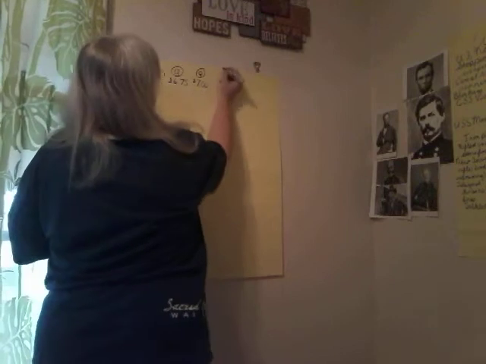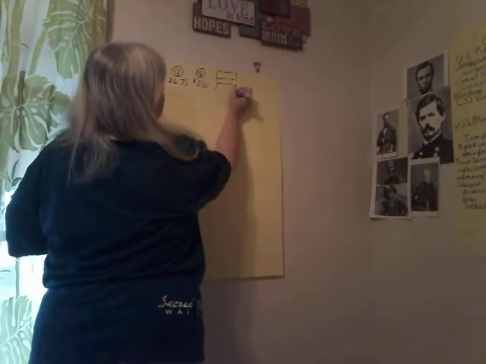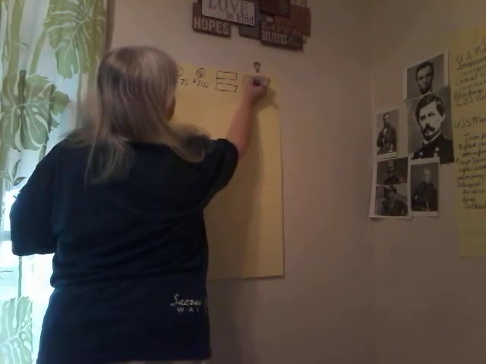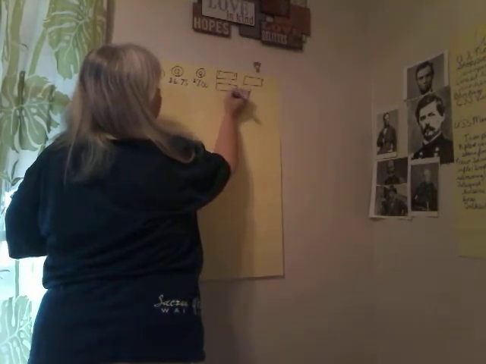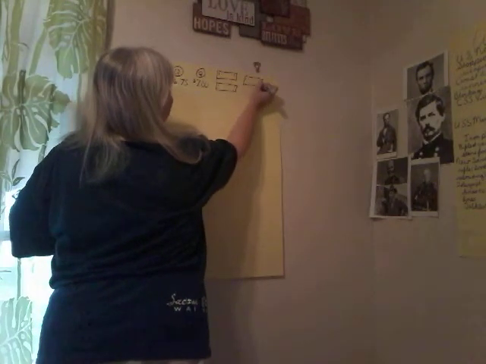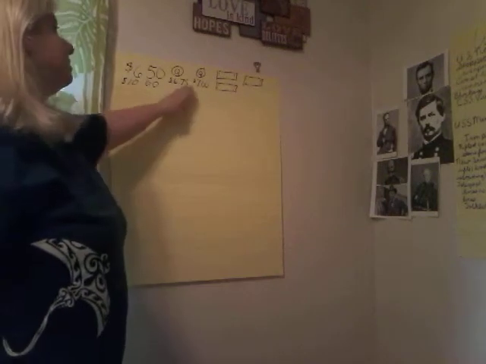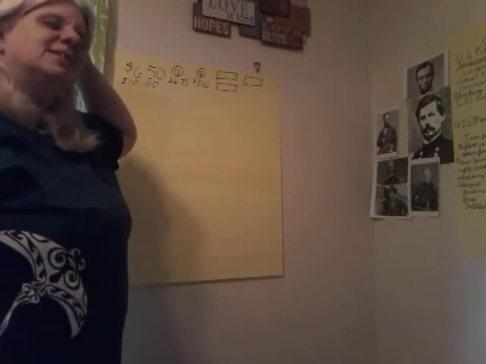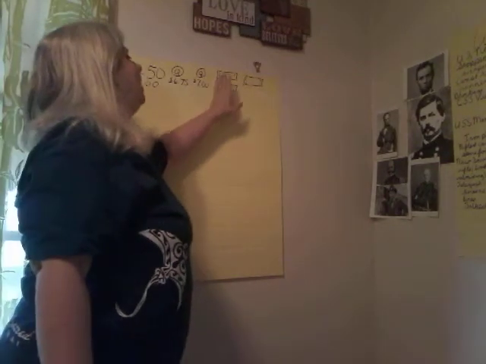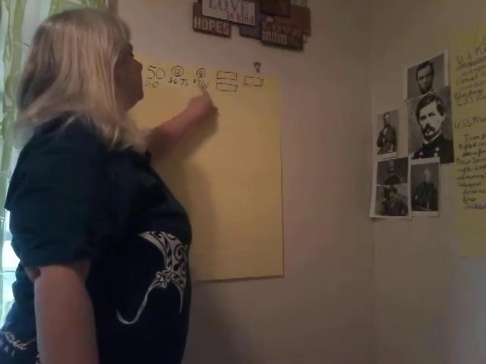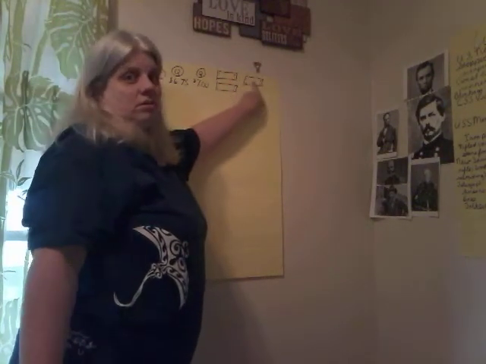So $7, $8, $9, $10. These are all $1 bills. Okay? Because in order to get to $10, I need to just add ones. Does that make sense? So I have $7, $8, $9, $10.